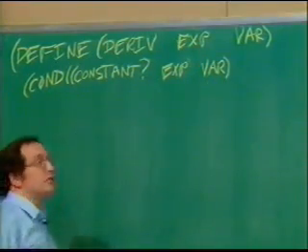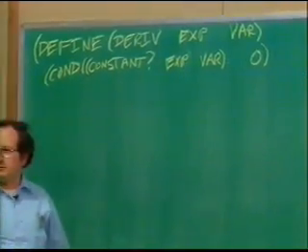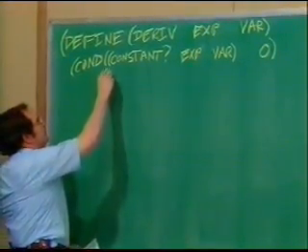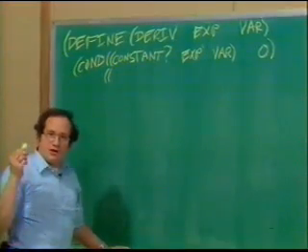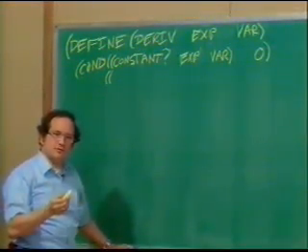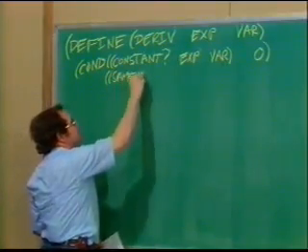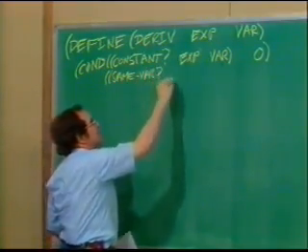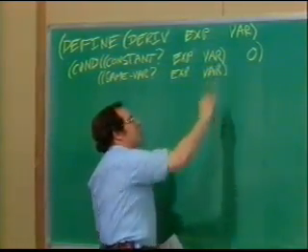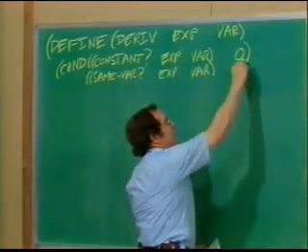If so, the result is 0, because the derivative represents the rate of change of something. If, however, the expression that I'm taking the derivative of is the variable I'm varying, then this is the same variable. Then the rate of change of the expression with respect to the variable is 1. It's the same 1.